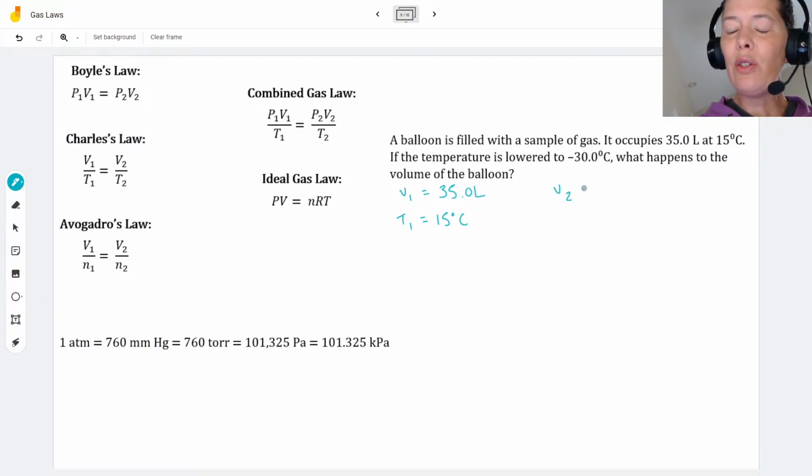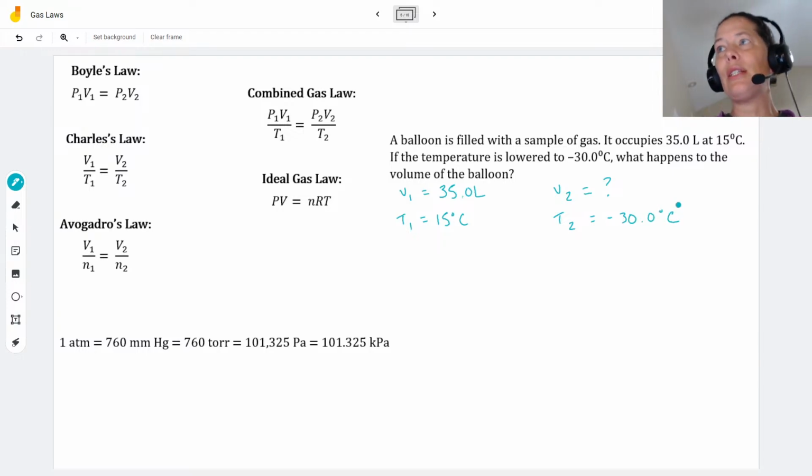My V2 is what I want to find, because what happens to the volume of the balloon? So that is a question. And my T2 was lowered to negative 30 degrees Celsius.